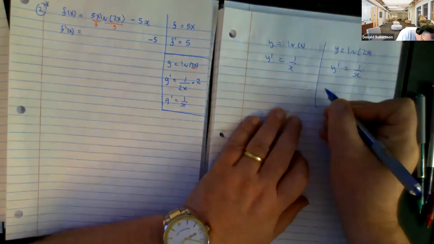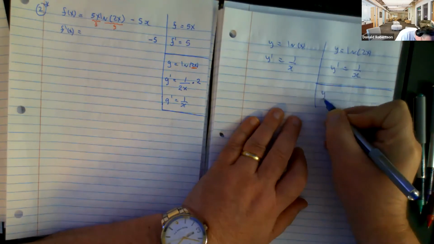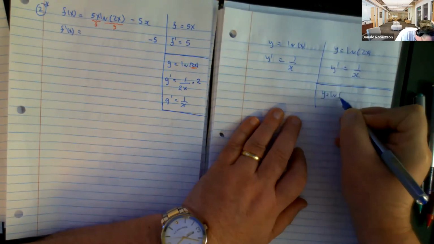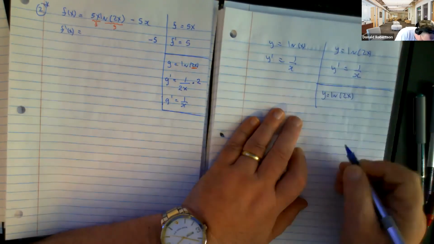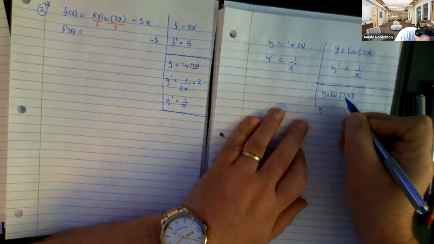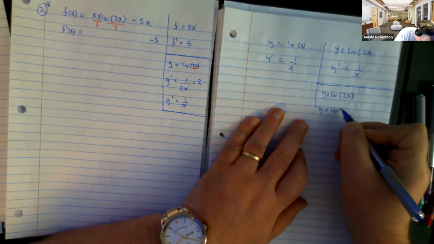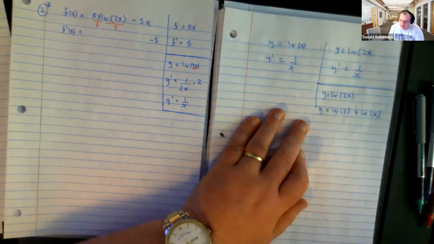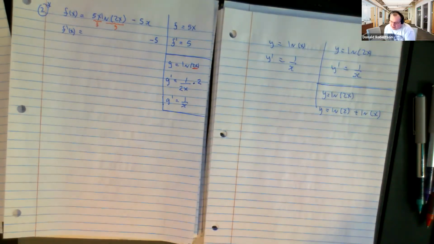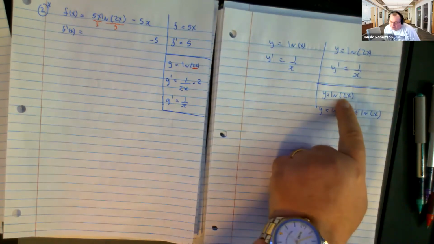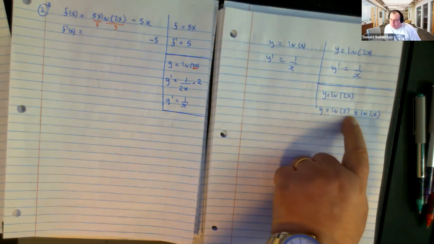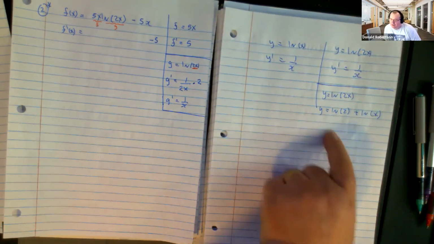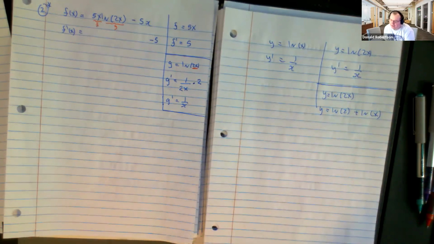So let me show you why it works. This is the log of 2 things multiplied. That means I can separate it out as the log of the first thing plus the log of the second thing. So actually, isn't the log of 2x just the log of a number plus log x? Can you see why its derivative ends up being 1 over x?